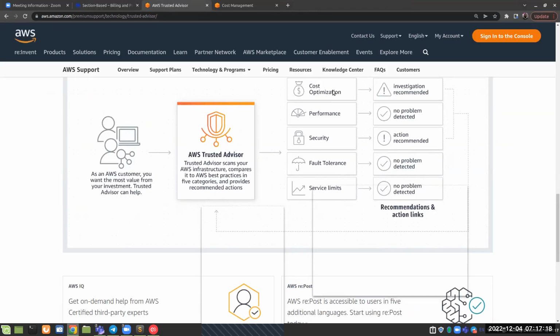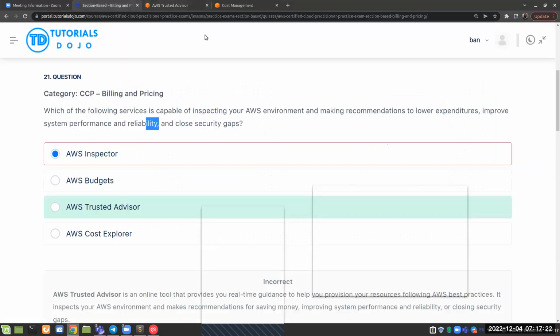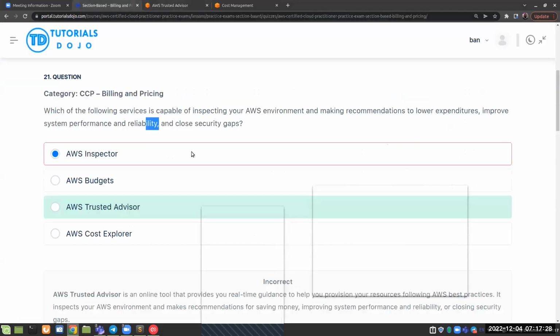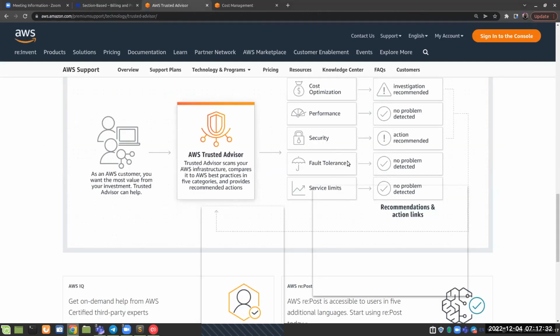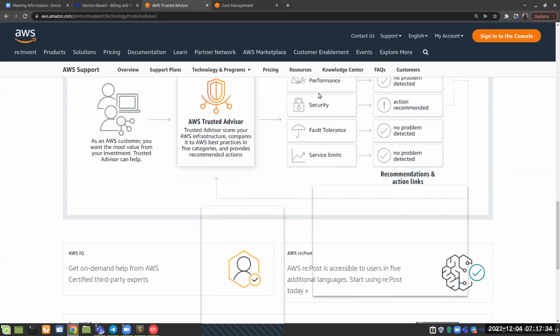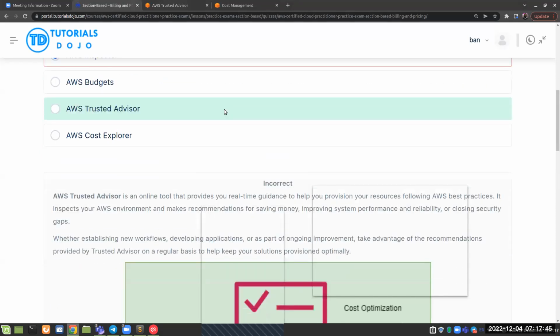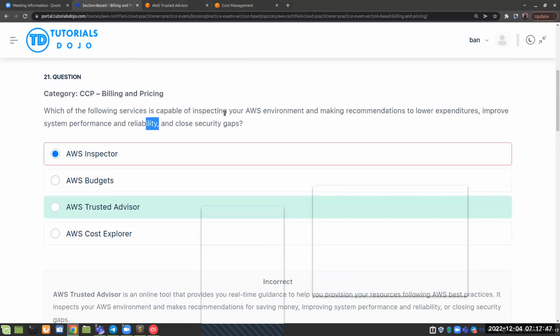So Trusted Advisor does cost optimization, which is to help you lower expenditure. Improve system performance. You see performance here. Reliability and close security gaps. Reliability always has to do with fault tolerance, and of course security, if there are any security issues. So that's what AWS Trusted Advisor does. But who remembers what AWS Inspector is? It's a completely different service.